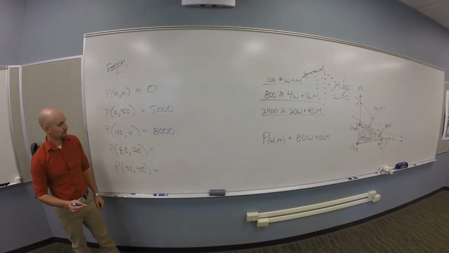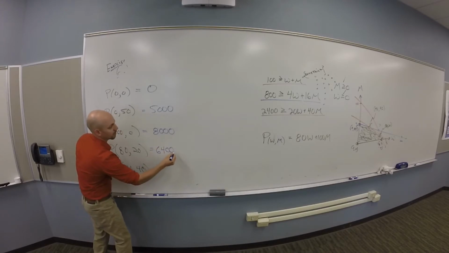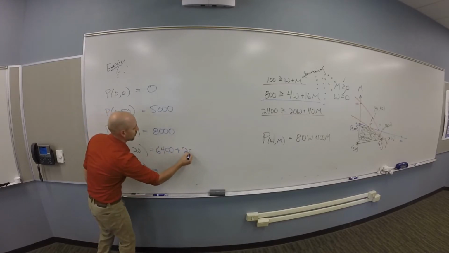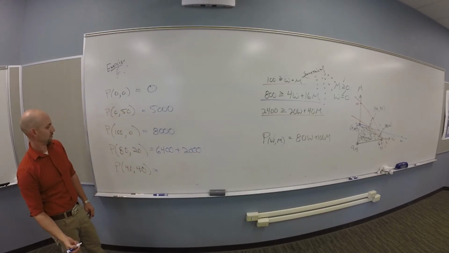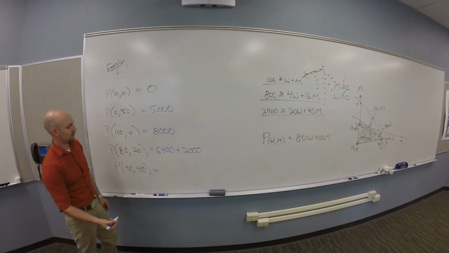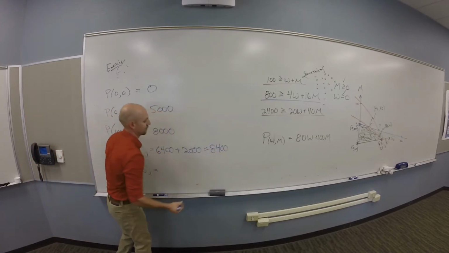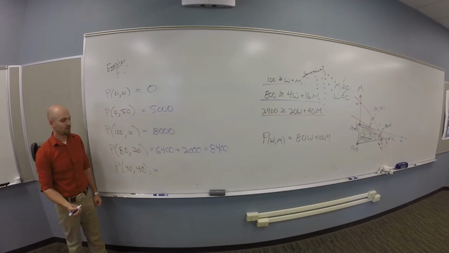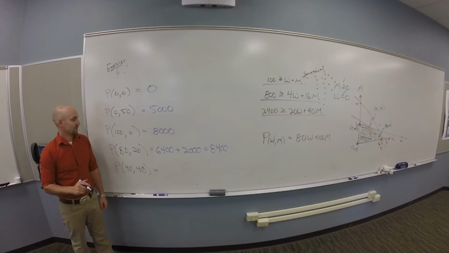I think I get 64,000 plus 2,000. Well, I got plus 2,000. Oh, you did a different order than I did. 8,400. What do I keep saying? Sorry, extra zeros.